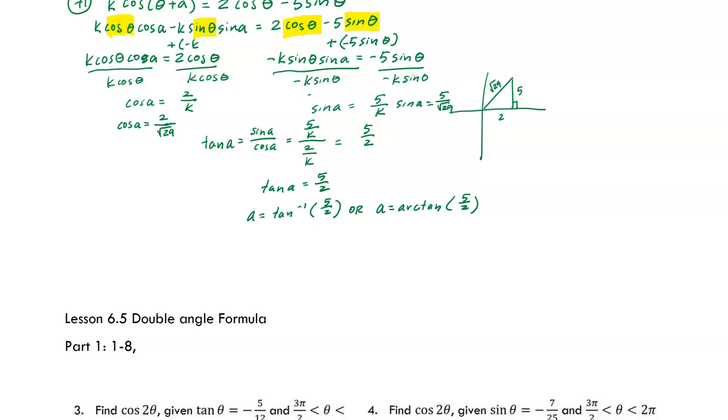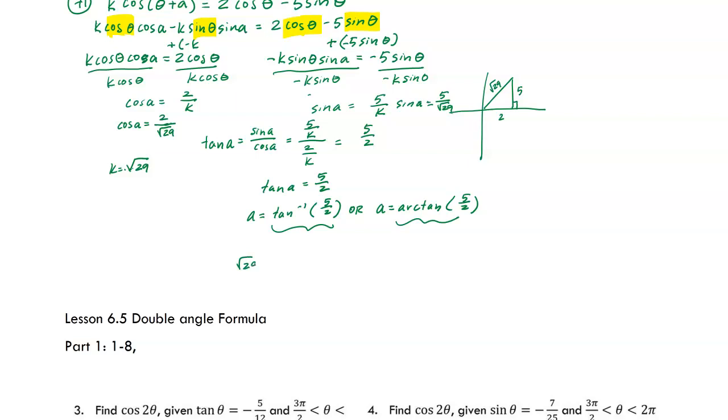Okay, so my k value is going to be square root of 29. So my a value is going to be this entire thing, or this entire thing. I could rewrite it in both ways.